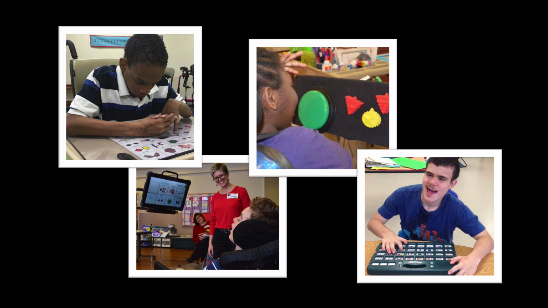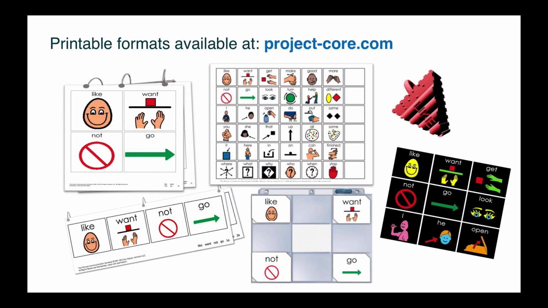Access to the Universal Core vocabulary may be provided via print-based communication boards or books, 3D symbols, or communication apps or devices. Several formats are available to download and print from the project website. These formats include 3D symbols.